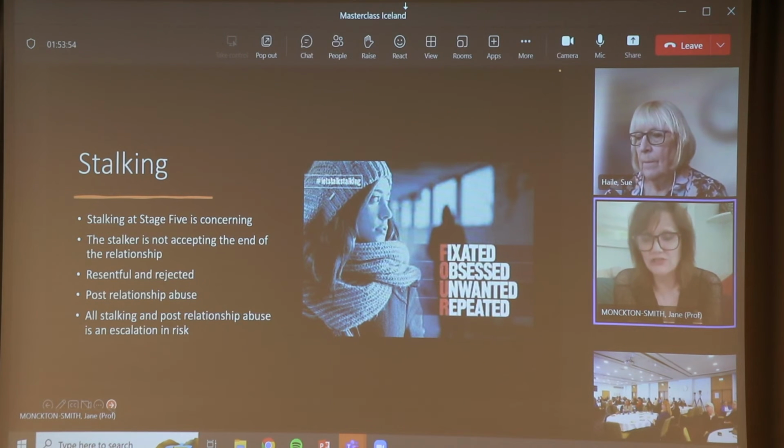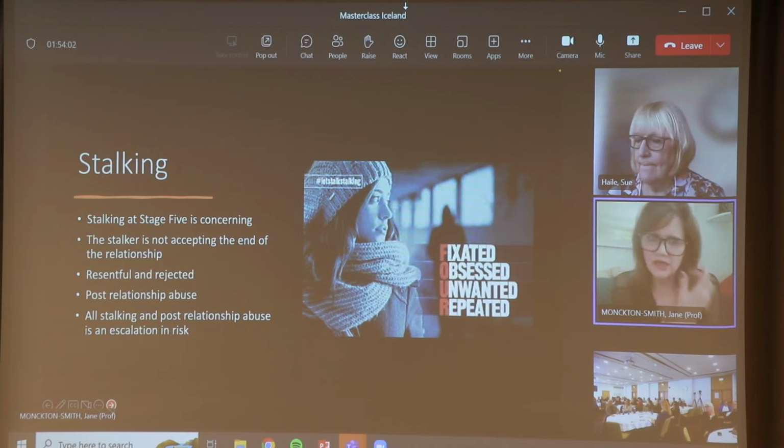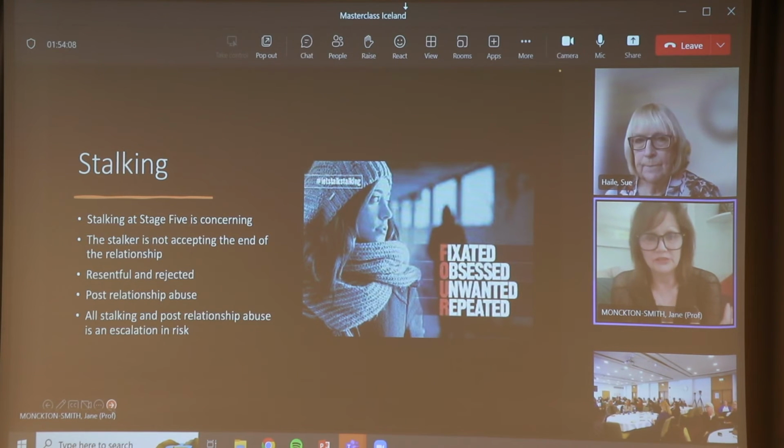The category of stalker that we are interested in this context is known as the rejected stalker, and they are responding to the ending of a relationship usually. They feel rejected, they feel resentful.